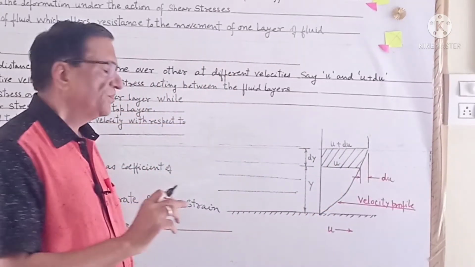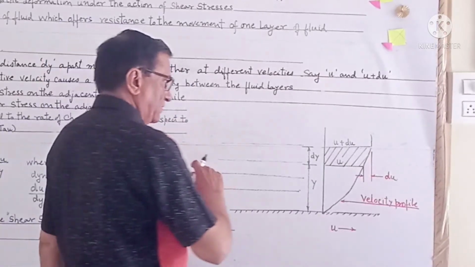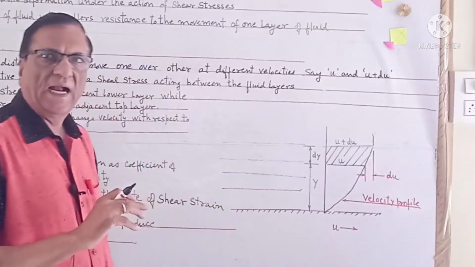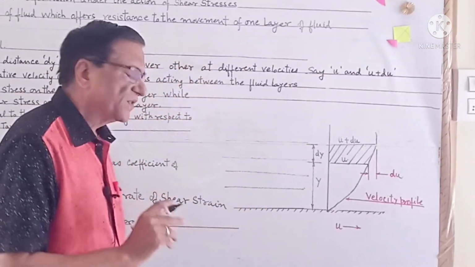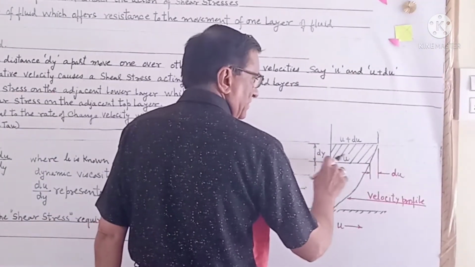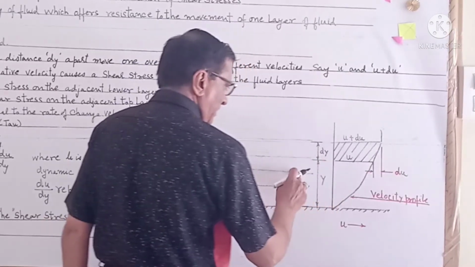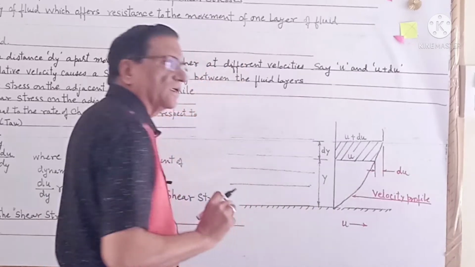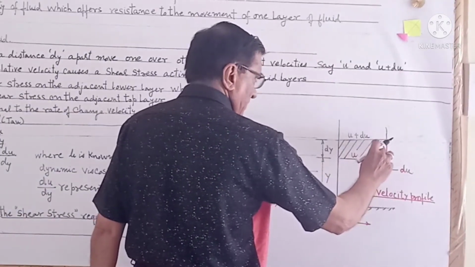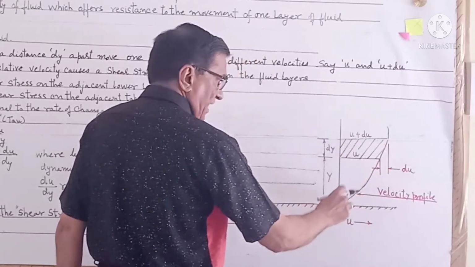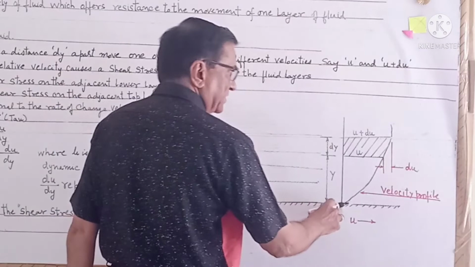That is due to the friction offered by the layer, and because it has to overcome the shear stresses, and then the adjacent layer or the lower layer will possess still lower velocity. So gradually the velocity reduces, and at the end the velocity goes zero at the surface.